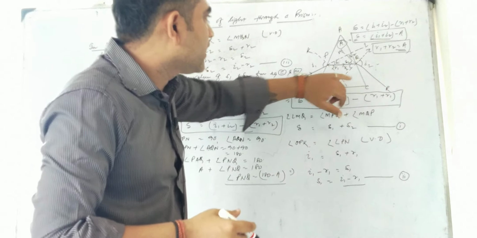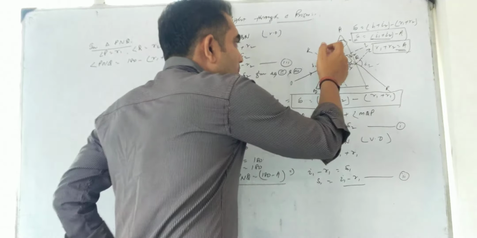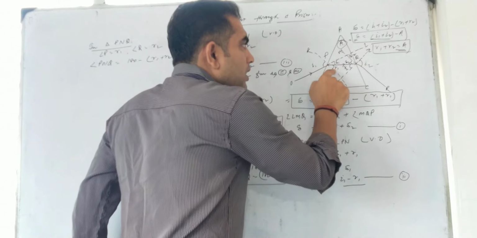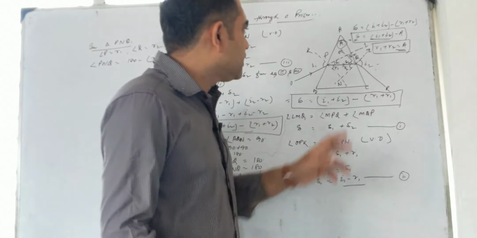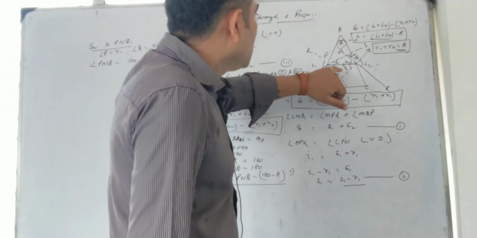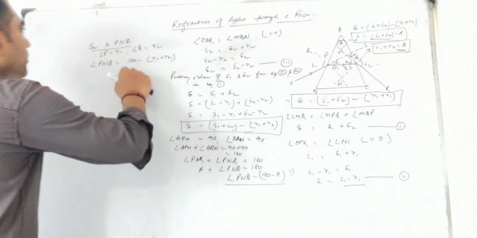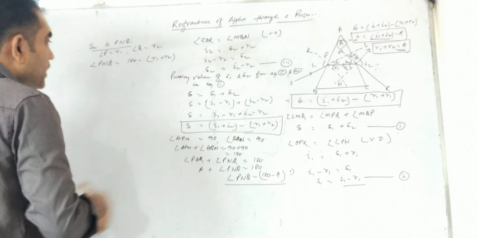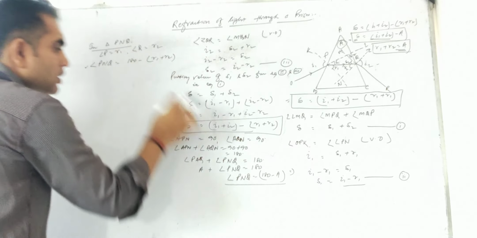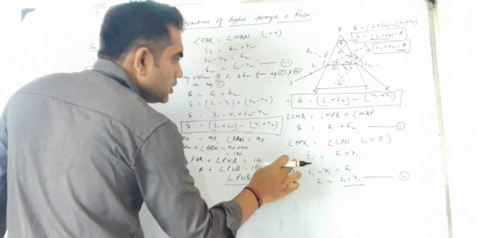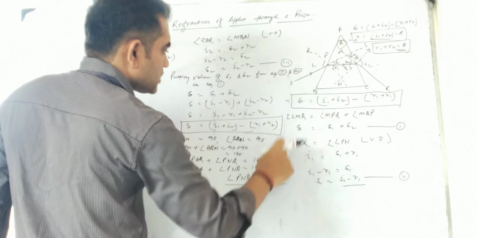Two angles are given in triangle PNQ: angle P is R1, angle Q is R2. So we have two values of angle PNQ, this one and this one.